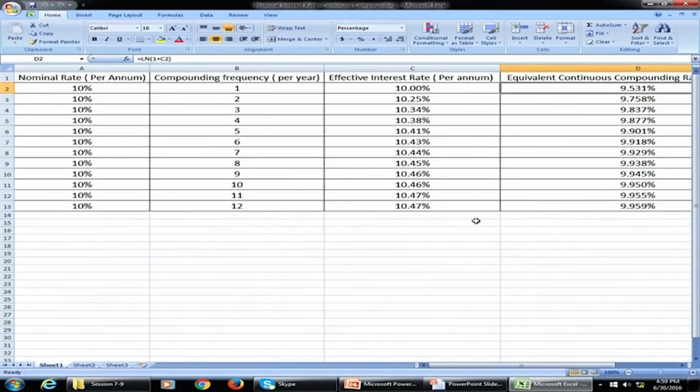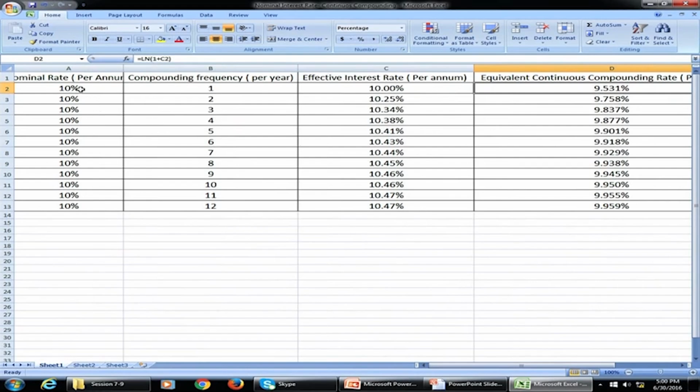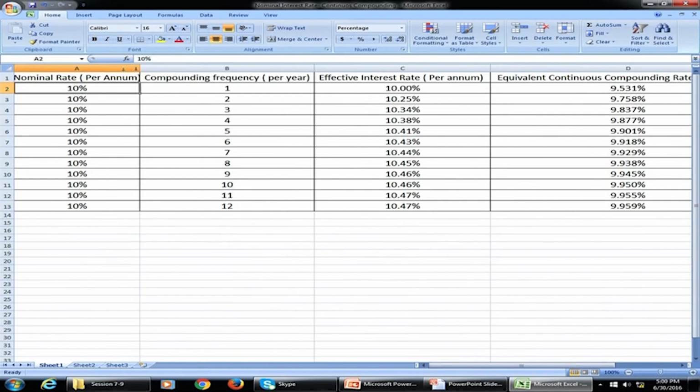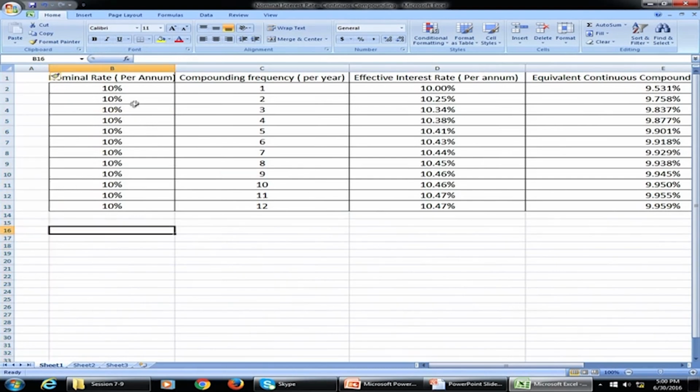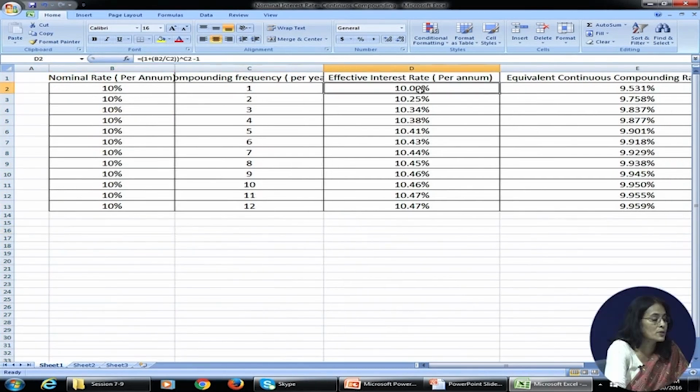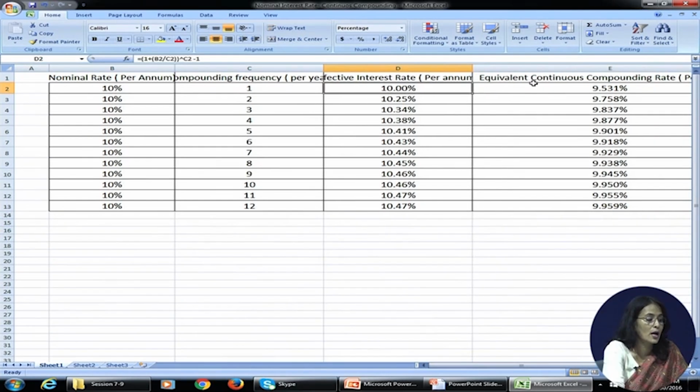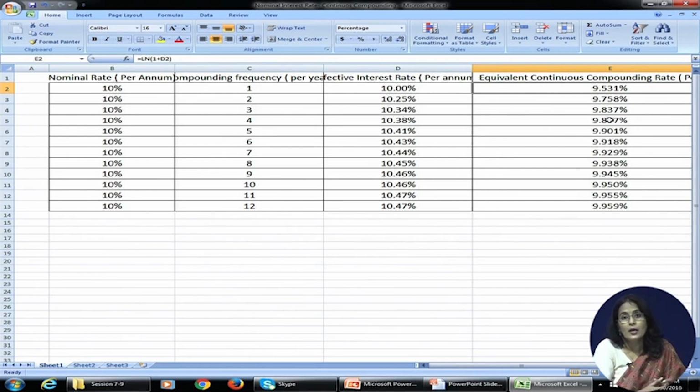So if you see this particular slide, let's say the bank is going to give you 10% nominal interest rate, with compounding frequency of 1. What is going to be the effective interest rate? Effective interest rate is 10%. And what is the equivalent continuous compounding rate? That is coming to 9.531%.